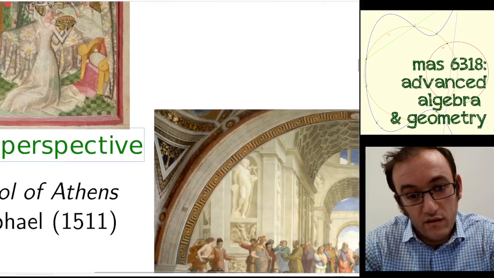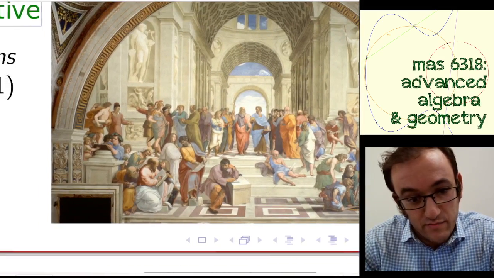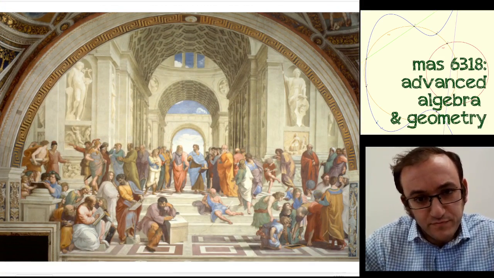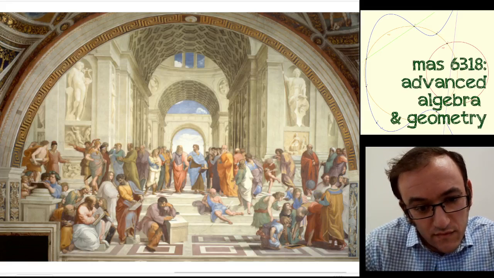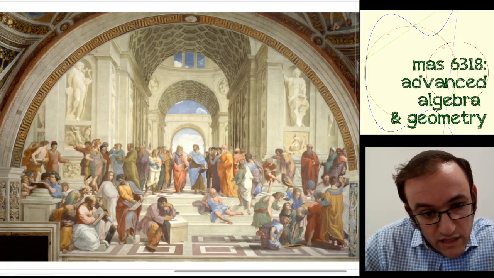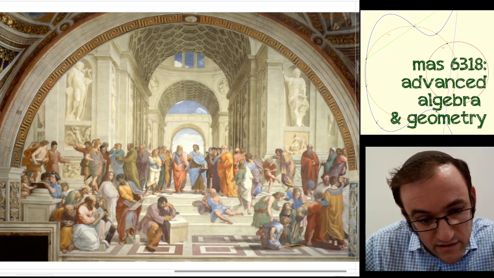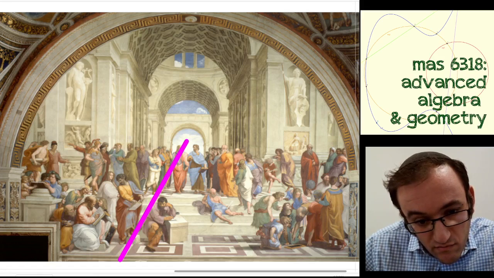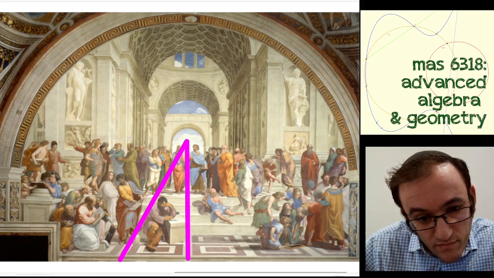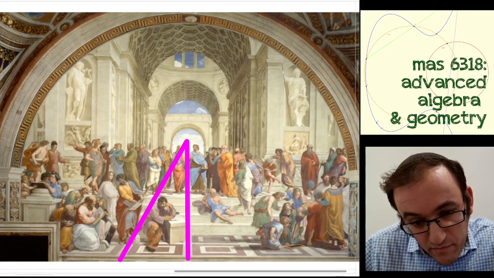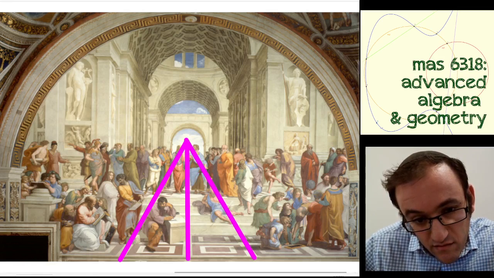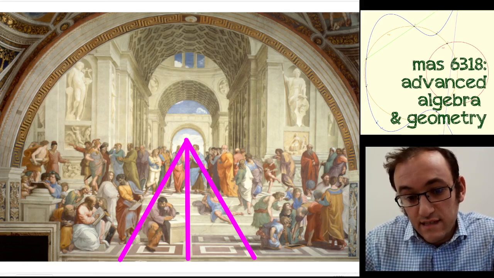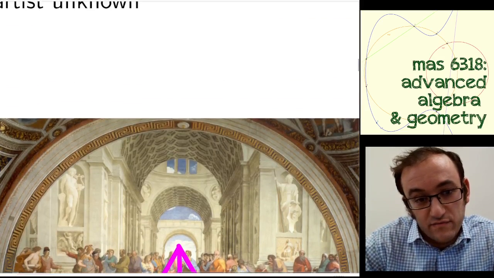Okay. On the other hand, if you look at this picture, which is the School of Athens by Raphael, if you draw lines along the tiles in the floor, they all meet at a point in the distance, telling us that this is drawn in perspective.